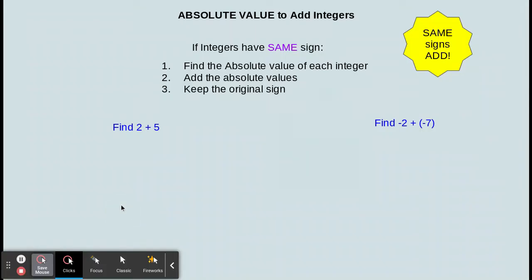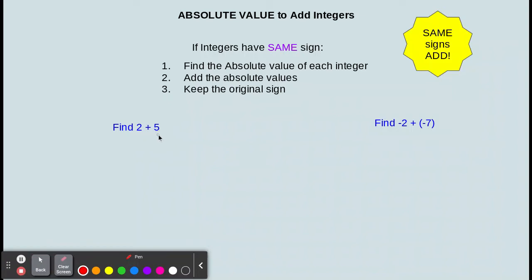All right, the final way that we use to add integers is using the absolute value. When we're going to use the absolute value, the first thing we want to do is to look to see what kind of signs our integers have. Okay, so in this case here, we see that both of these are positive.